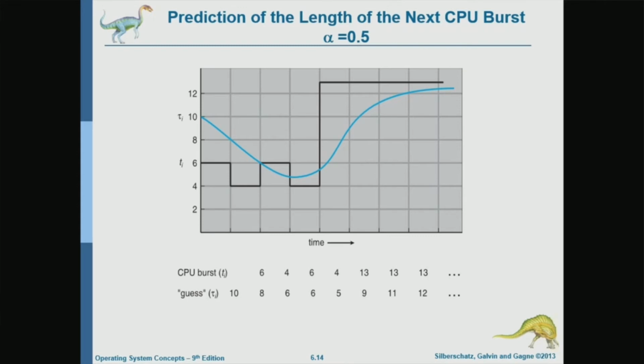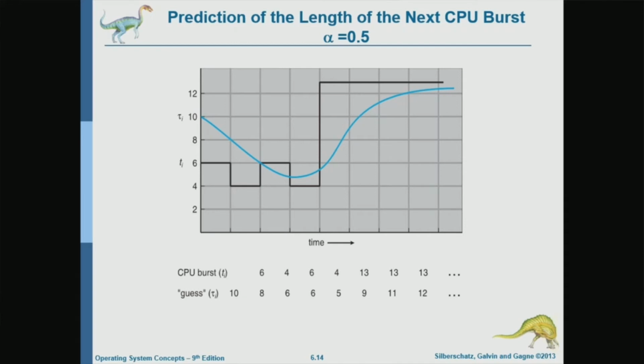A better guess could be some average CPU burst length in the system. So it will make a guess, which is 10.